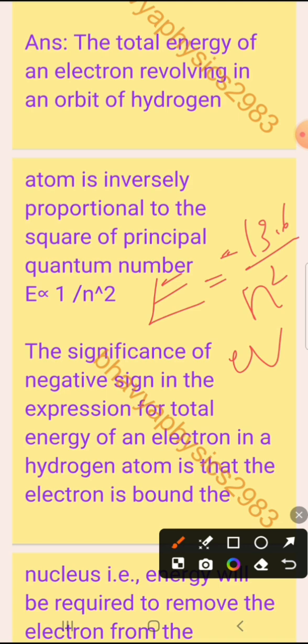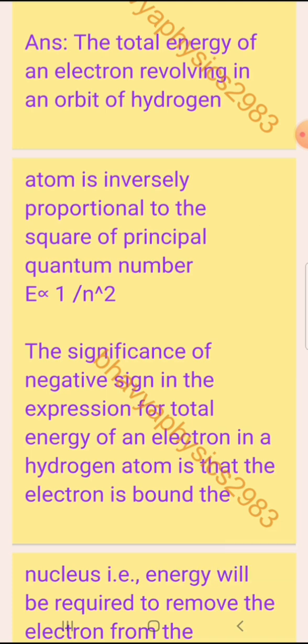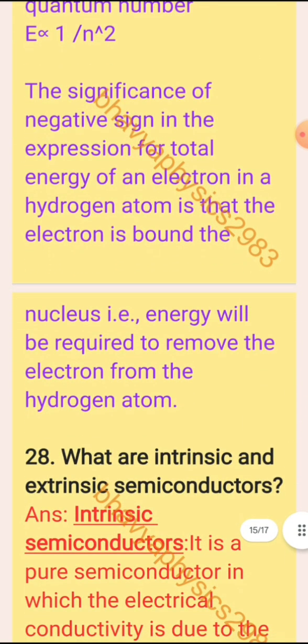So why the negative sign here? The negative sign in the expression for total energy of electron in a hydrogen atom indicates that the electron is bound to the nucleus. That is, energy will be required to remove the electron from the hydrogen atom. Since the electron is bound to the nucleus, it is under the control of the nucleus, so the energy expression should have a negative sign.